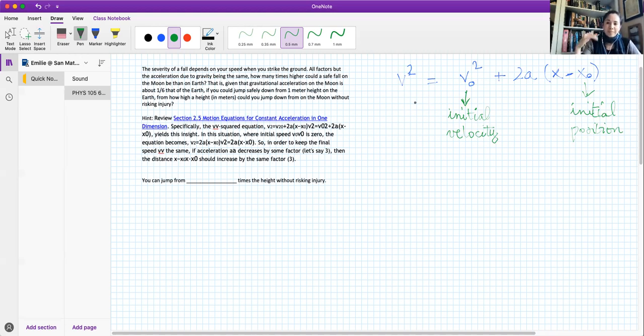In this case, the later time is right before we hit the ground. When we're looking at a fall, it's very tempting to look at when the object actually touches the ground and say that speed is going to be equal to 0. We stop the motion, but we really want to look at right before we hit the ground.